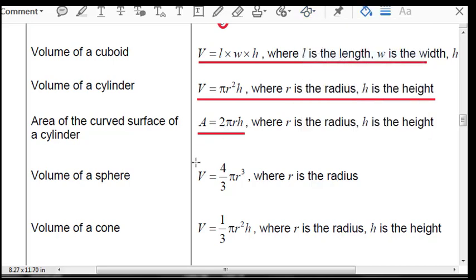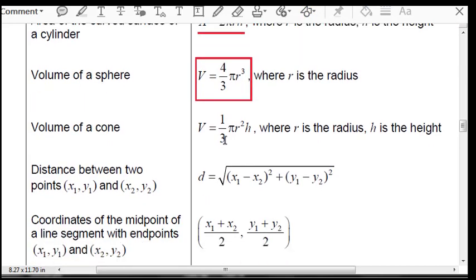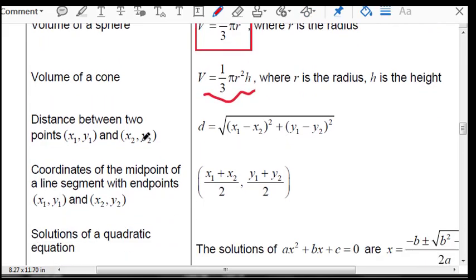Volume of a sphere, 4/3 pi r cube. Volume of a cone, 1/3 pi r square h.